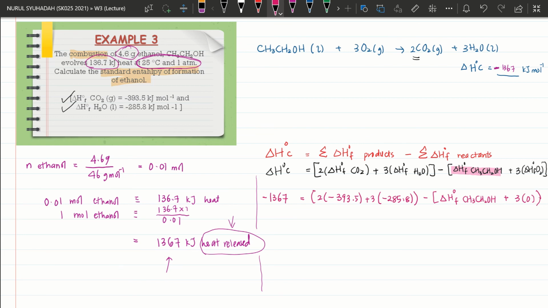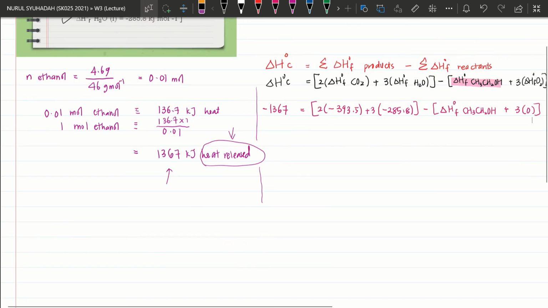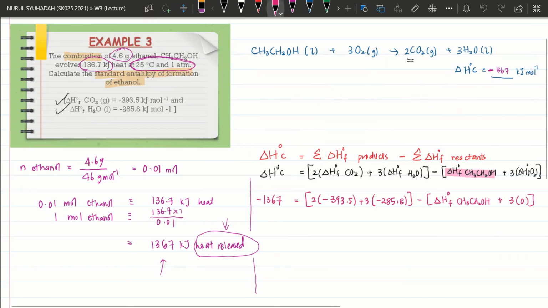Okay, let me just put it in square brackets, so it will be the same as our equation up here. So rearrange everything. Okay, rearrange and write down. So the one that we want to find is delta H naught formation of CH3CH2OH.